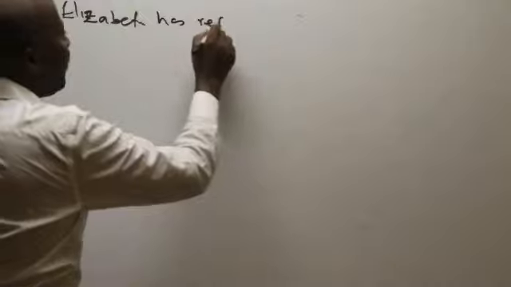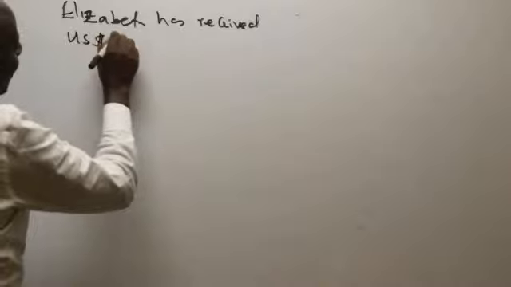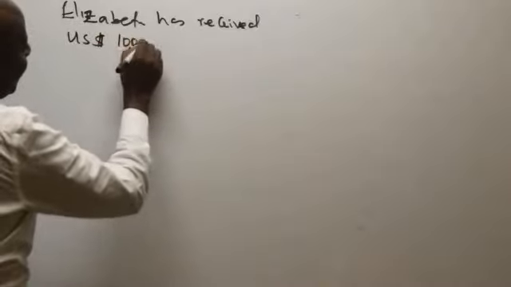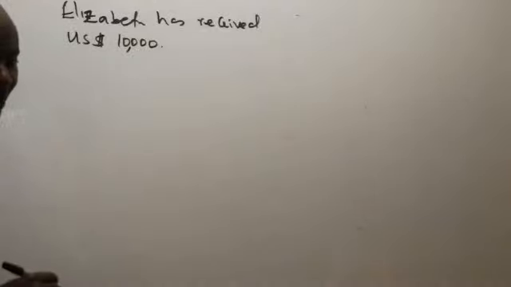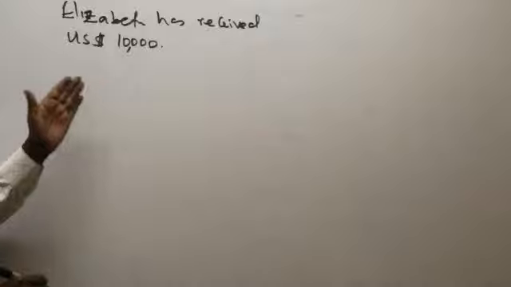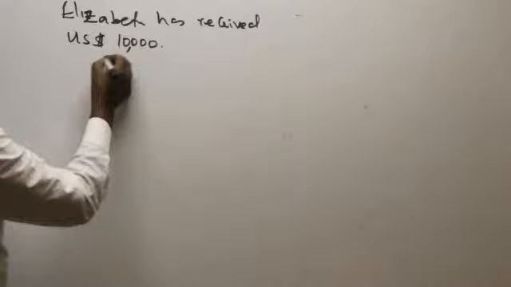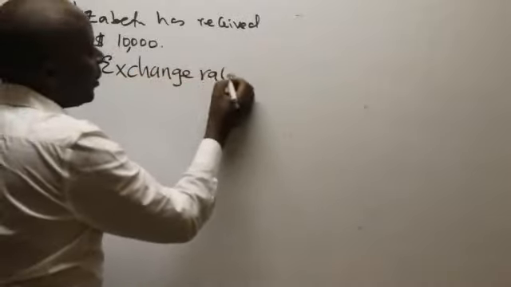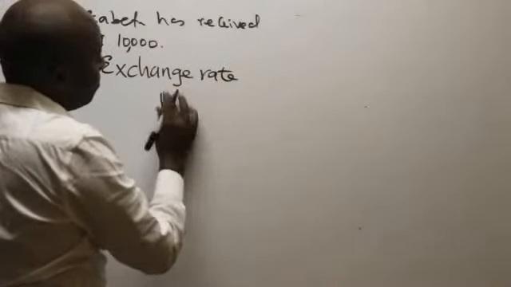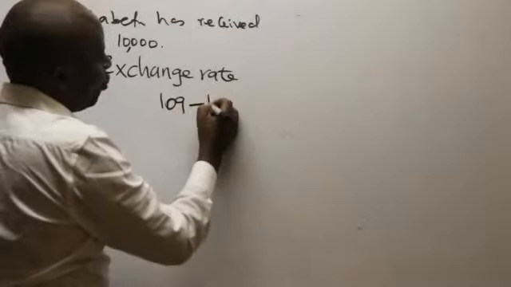So Elizabeth has received US dollars 1,000 or 10,000, like that, right? Now she goes to a foreign exchange bureau, and the foreign exchange bureau gives her this exchange rate: 109 to 111.